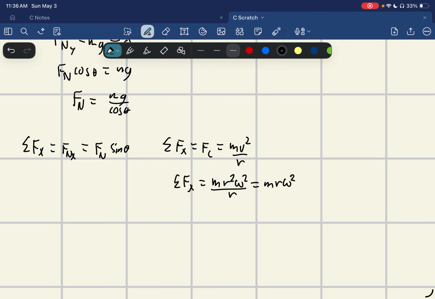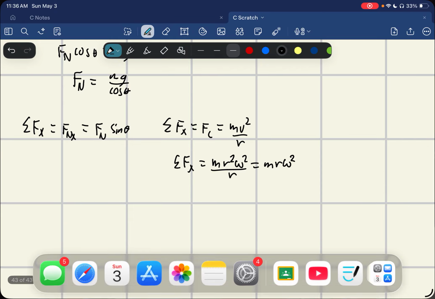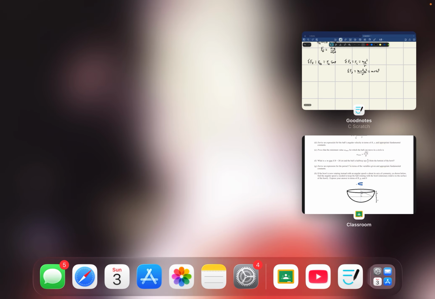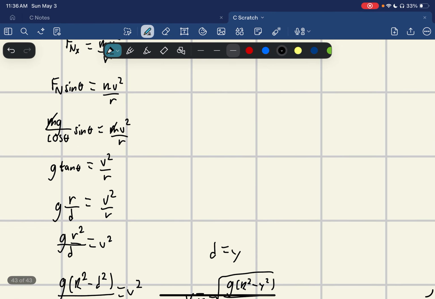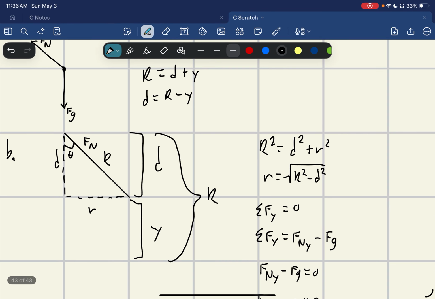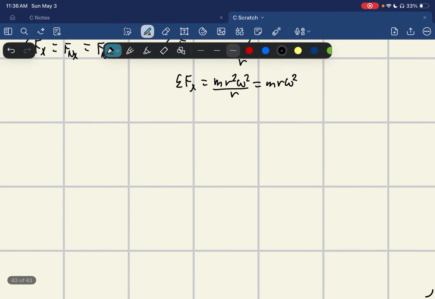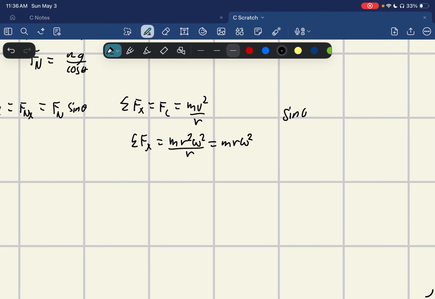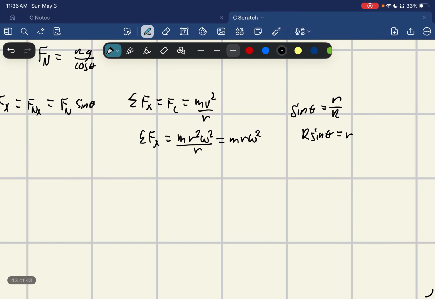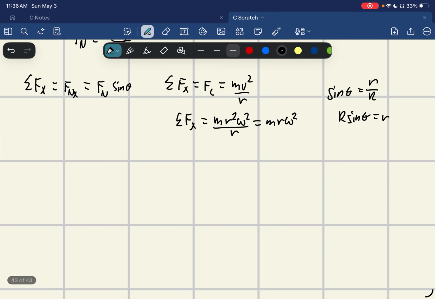Okay. And then looking at the triangle we're given, which is similar to the one I drew earlier, we know that sine theta is equal to little r over big R. And then to isolate for little r, it's big R times sine theta is equal to little r.